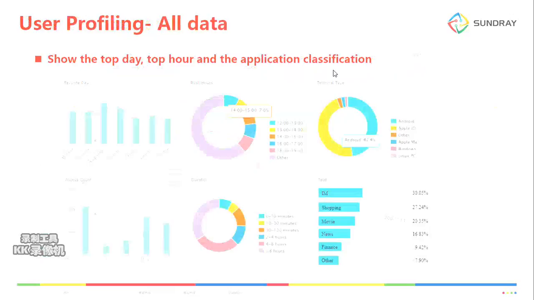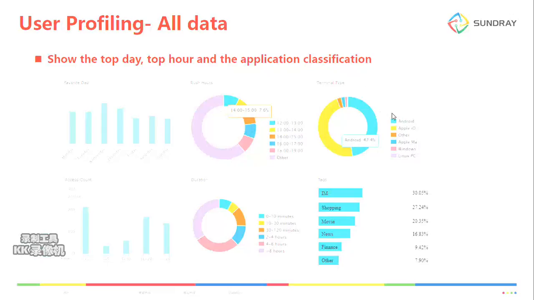Also, this is a new feature in the new firmware. It's what we call user profiling. So we can see in the whole network which day has the most people, and which period is the rush hours, during which time there are the most guests.